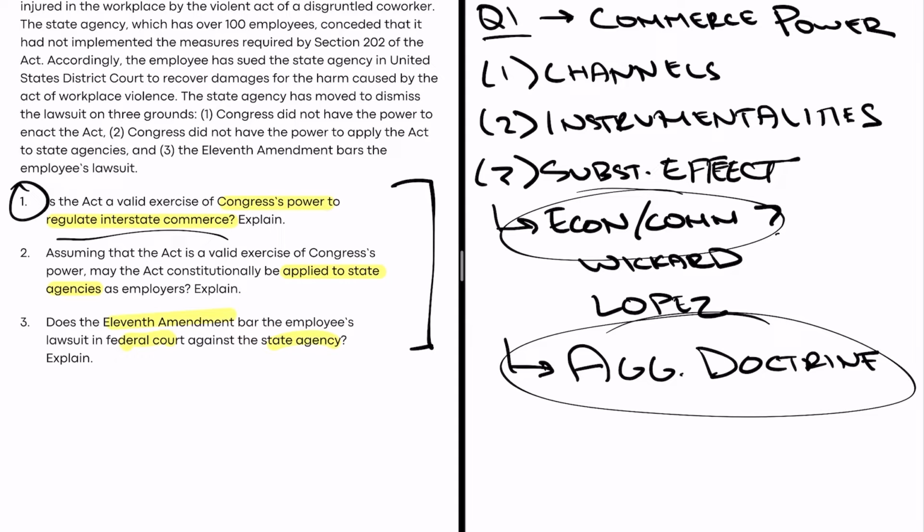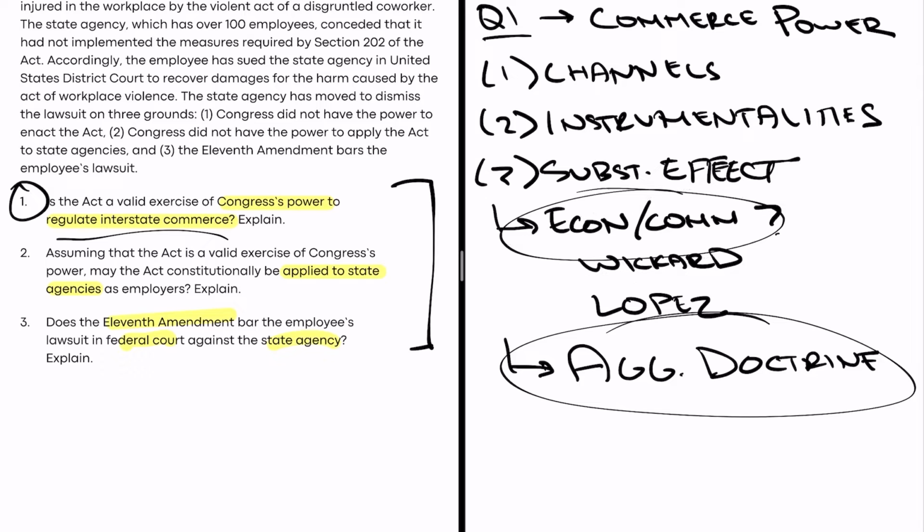So really, the whole analysis comes down to whether the activity is economic or commercial, or it's non-economic, non-commercial. Because if it's economic or commercial, we can apply the aggregation doctrine. In the aggregate, almost any activity you're going to be able to show has a substantial effect on interstate commerce, right?